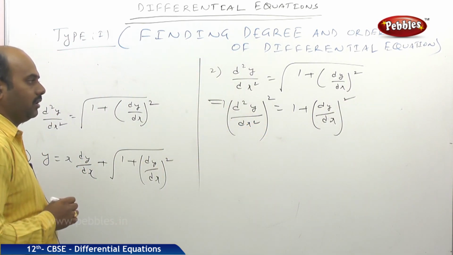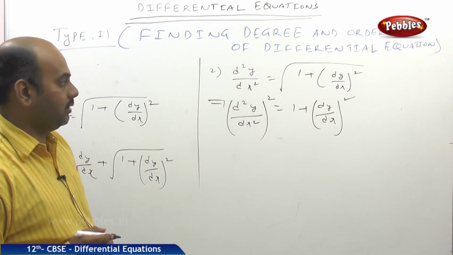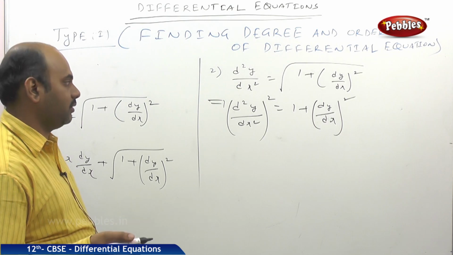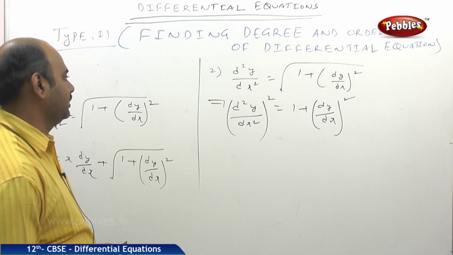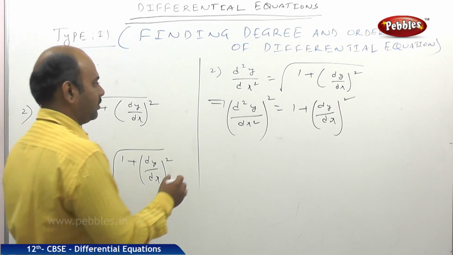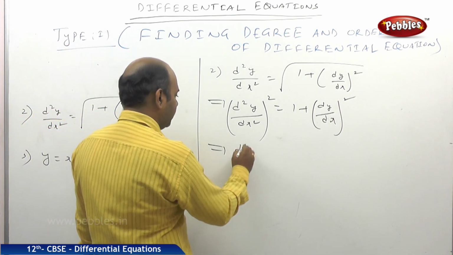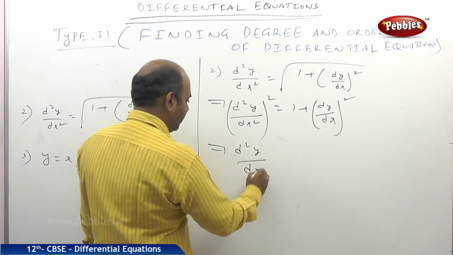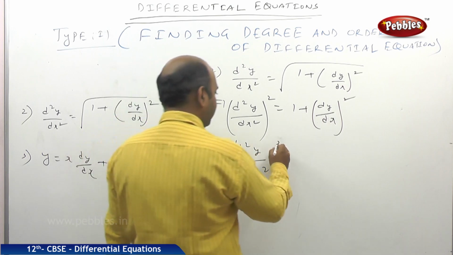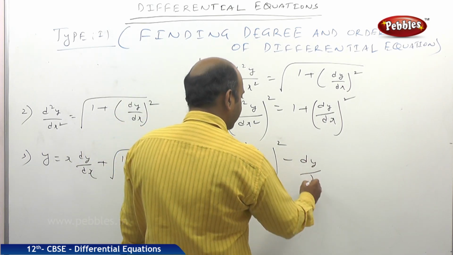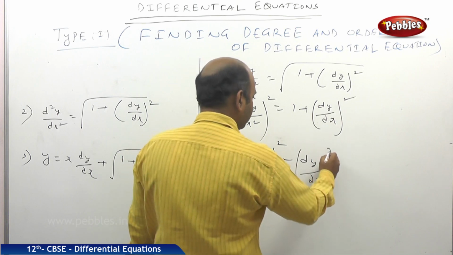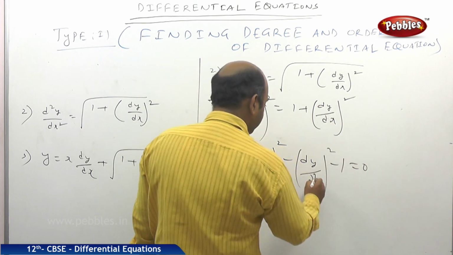Now we are getting the differential equation in polynomial form. That implies d square y by dx square whole square minus dy by dx whole square minus 1 is equal to 0.